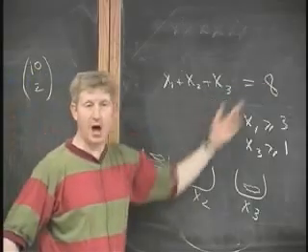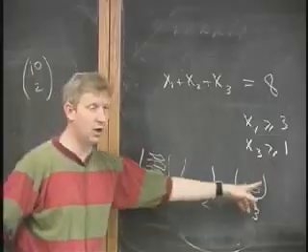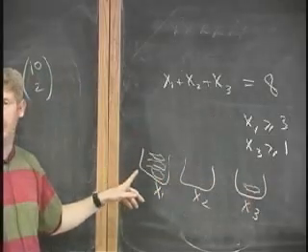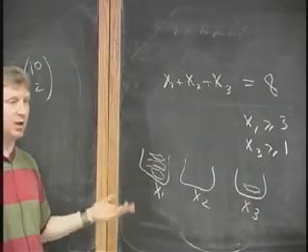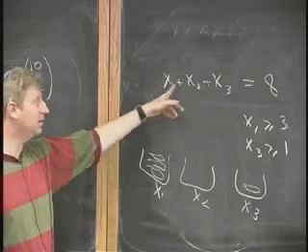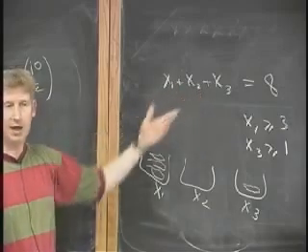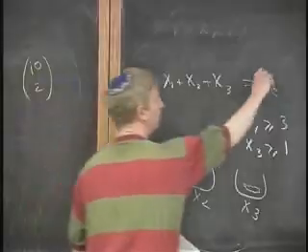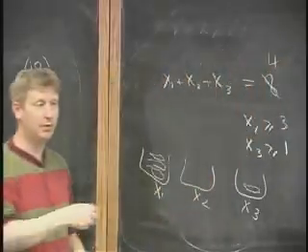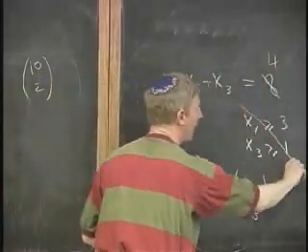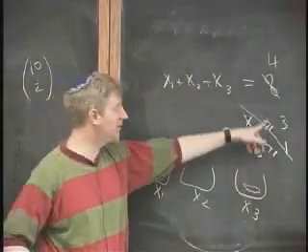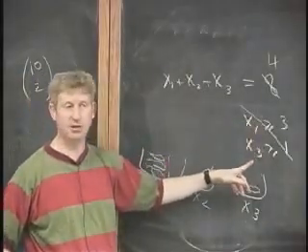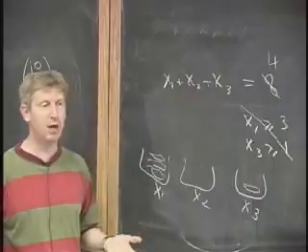Well, now I only have $4. I have no restriction at all on my x1, x2, x3, just like I had in my original problem. So I have $4 and 3 categories. So it's going to be this new problem without any constraints. The constraints are now gone. When you get constraints like this, that xi's have to be bigger than some number, it hardly affects the problem at all.